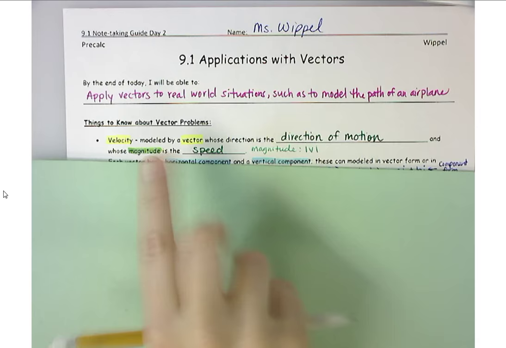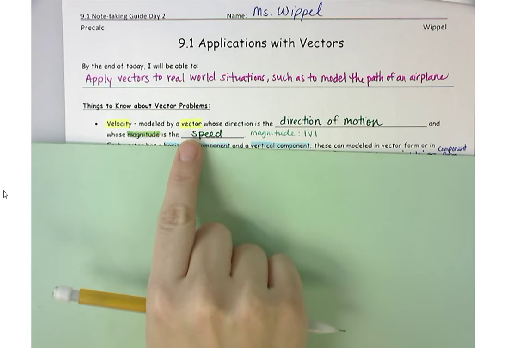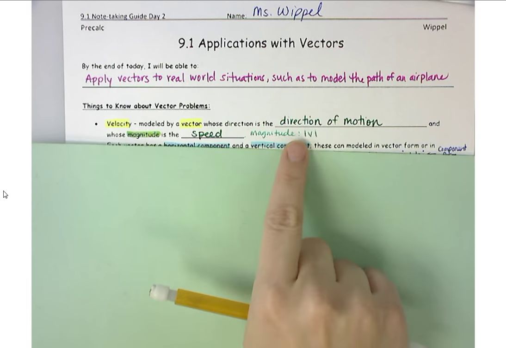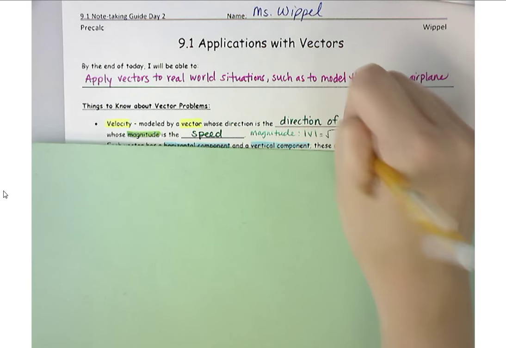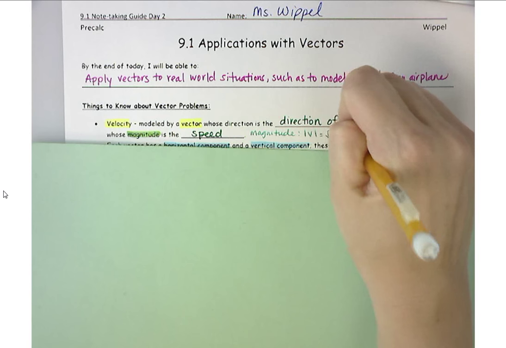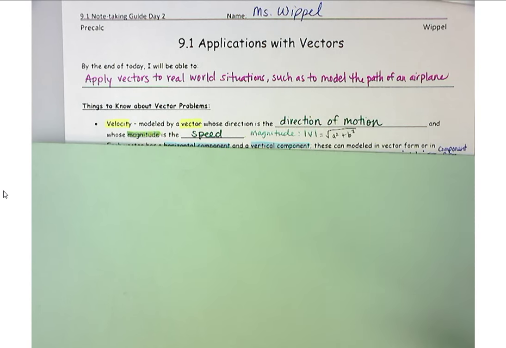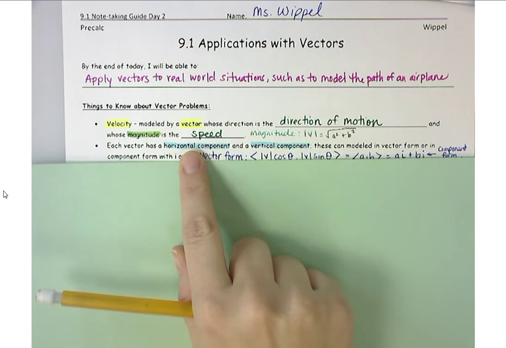We talked about that yesterday. The magnitude is the what? The speed. So when you're finding the magnitude, you're doing the square root of a squared plus b squared, right? That's our magnitude equation.